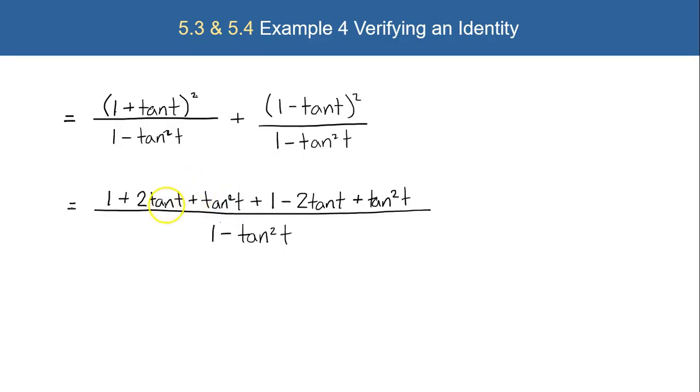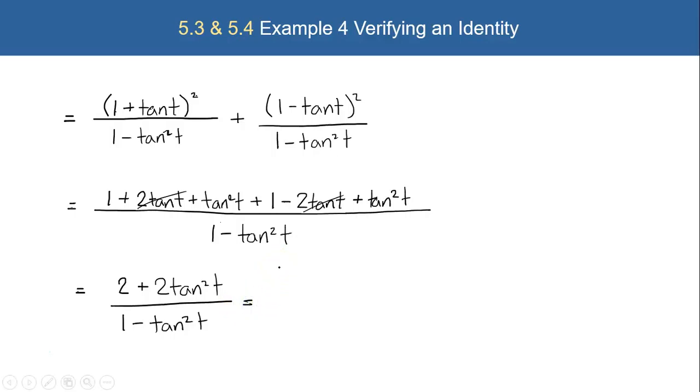All right, so our ones will combine, and these two terms will go to 0, and then we have 2 tangent squared t's, so add those together. What we get is 2 plus 2 tangent squared t all over 1 minus tangent squared t.